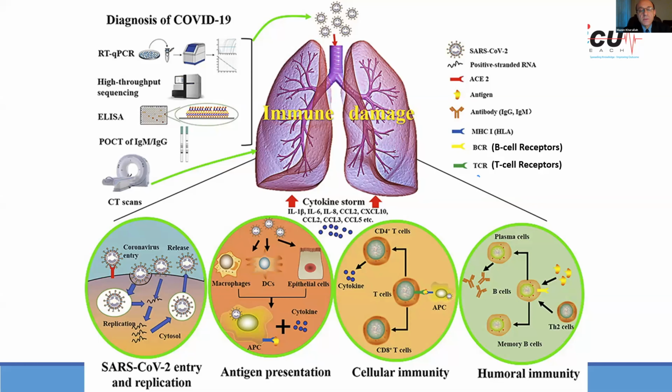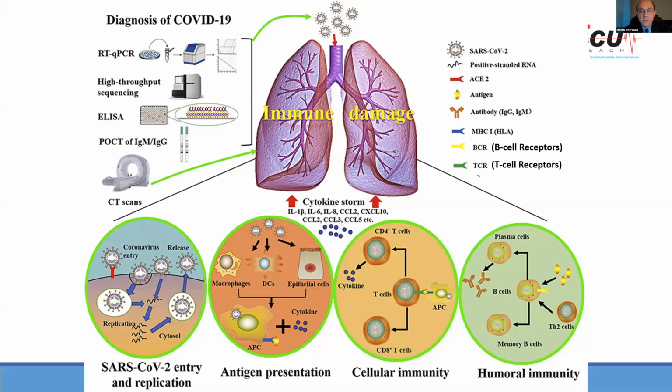I'm not going to get into details, but the outcome of this is what we call a cytokine storm. It is mainly indicated by an increased level of interleukin-6, which we measure to see if the patient is eligible to get a specific treatment targeting interleukin-6 in severe cases.